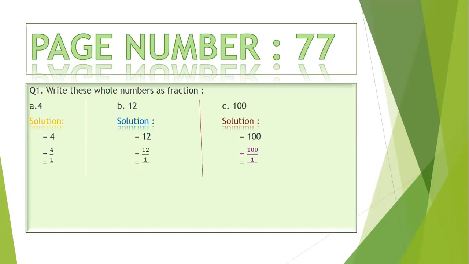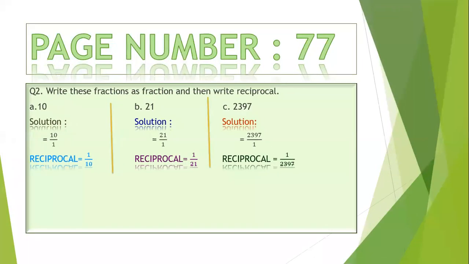Okay, now come to question 2. Write these numbers as fraction and then write the reciprocal of each. It means that they combine two questions. One question, find the reciprocal, we have done in the previous page, page 76, and for convert into the fraction, this is question 1 that we have done now in this page.